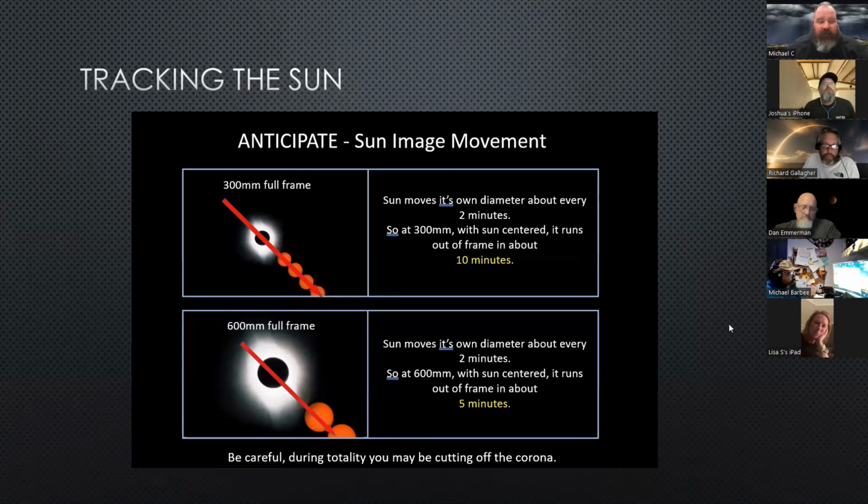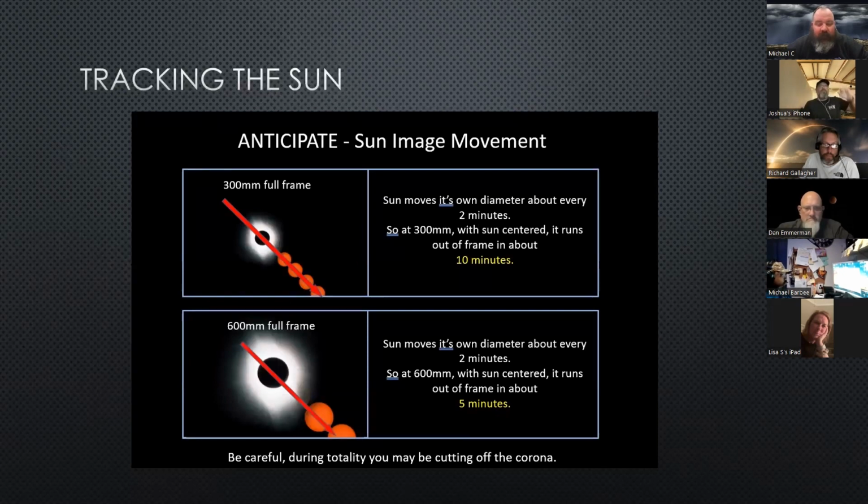So the other thing to know is obviously the sun's moving. So is the moon, everything, we're moving through the sky. So unfortunately you can't just point your camera in one place and leave it and walk away because it'll be moving out. The good thing is, at 300 millimeters, if you have your camera centered on the sun, you should have about 10 minutes before it is out of frame.